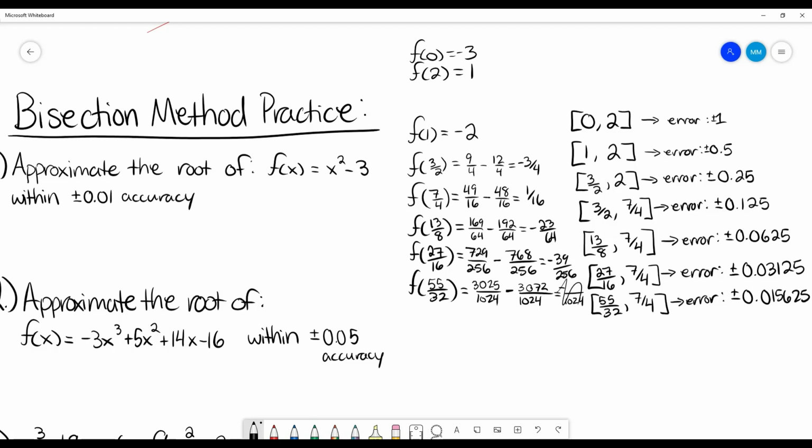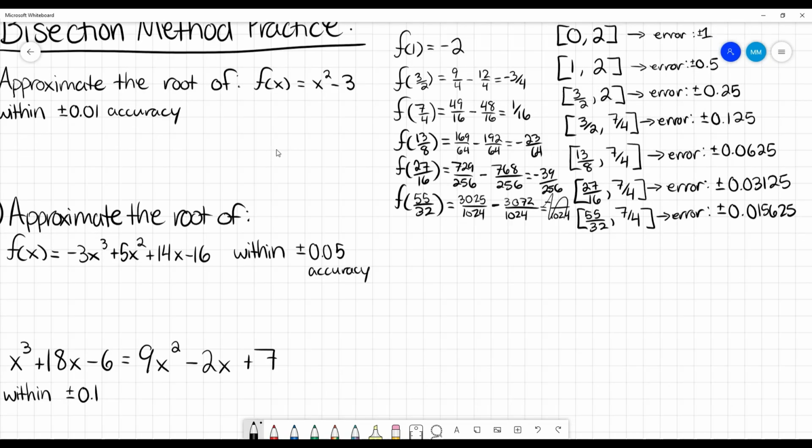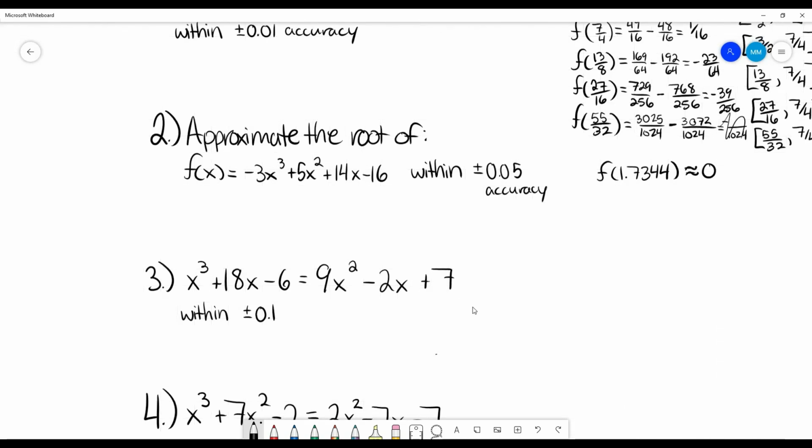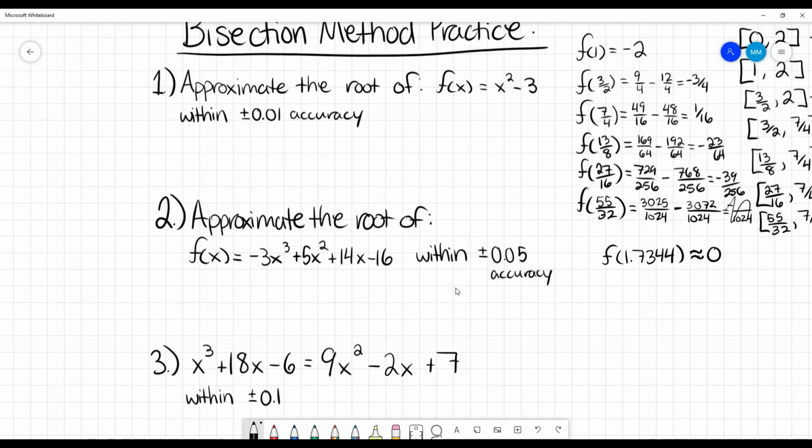So if we were to do this one more time to be within the desired tolerance, our 0 would be approximately at this decimal here. That would be approximately where our 0 is, to be within this total accuracy. Let's skip that one.